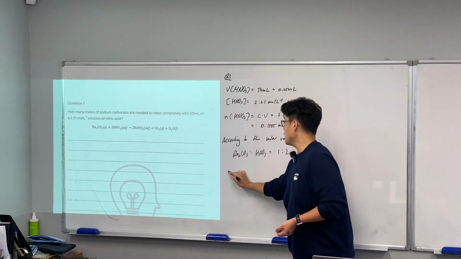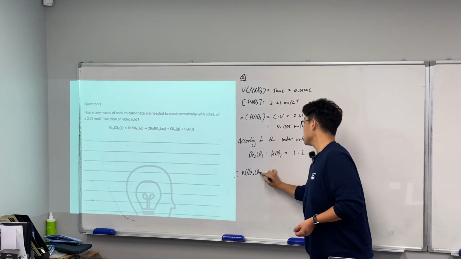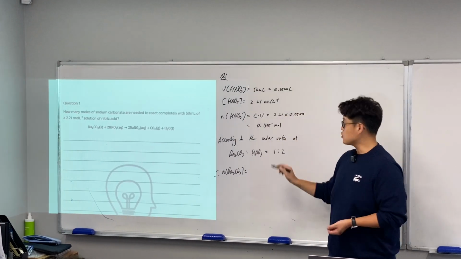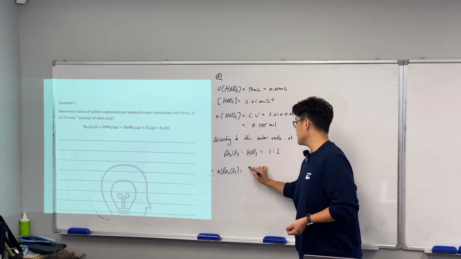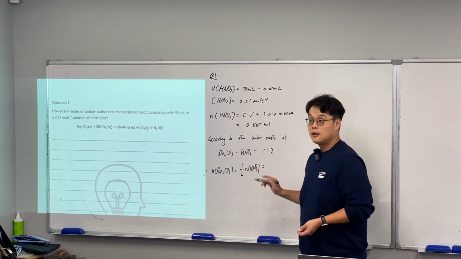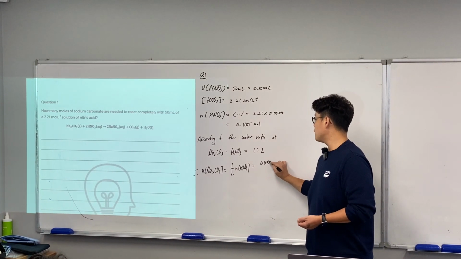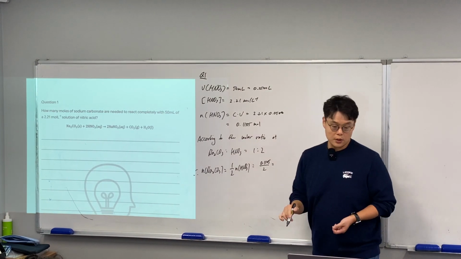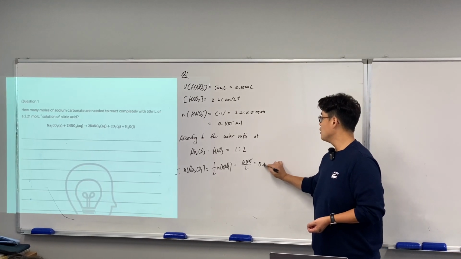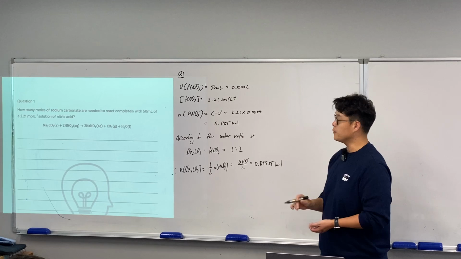Then n of the sodium carbonate must be half of the n of the HNO3. Make sense? Then that would be 0.1105 divided by 2, then you get 0.05525 mole.